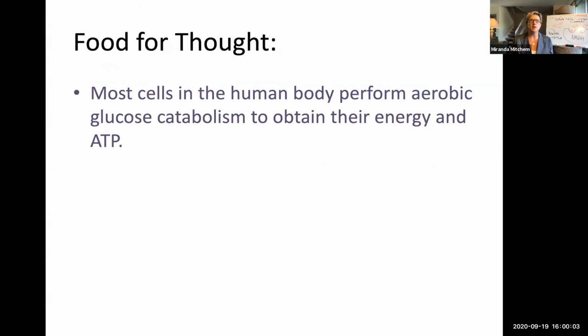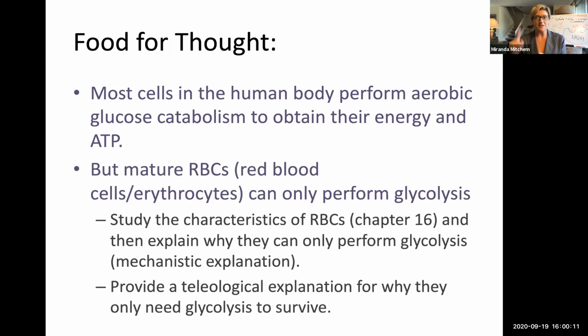So let's think about our body. Most of our cells do utilize aerobic respiration, but we do have some, including the red blood cell, that doesn't. Our mature red blood cells, not the immature ones, only the mature ones, they only do glycolysis.